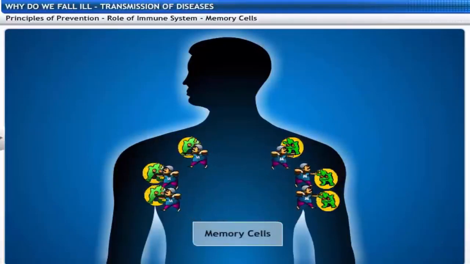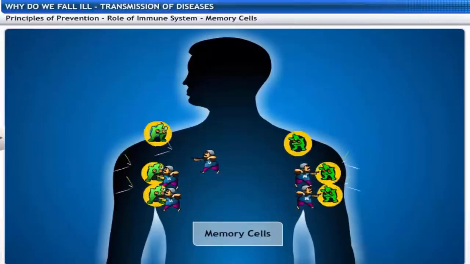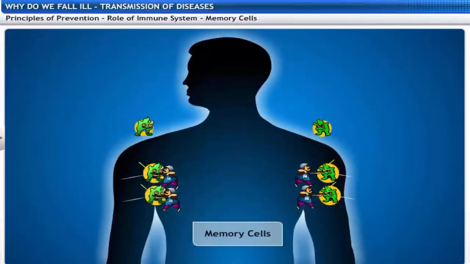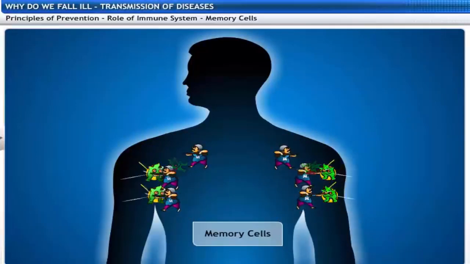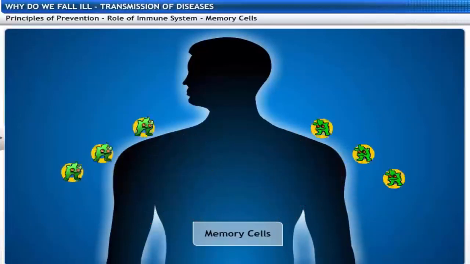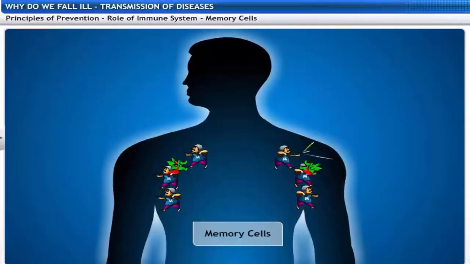These memory cells exist in the body. So, when the same microbe enters our body next time, the memory cells fight it with more efficiency. This eliminates the infection faster than the first time.